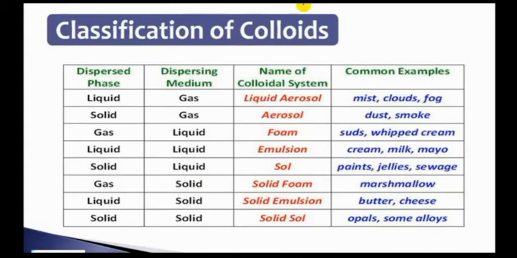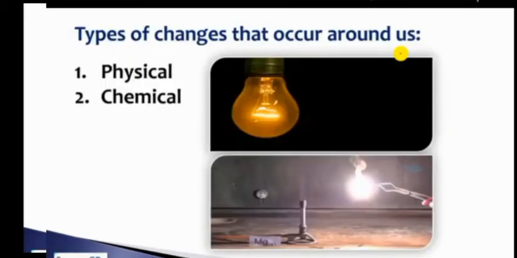In mist, clouds and fog, the dispersed phase is liquid and the dispersion medium is gas. Means liquids dispersed in gas is called clouds, and the name of the colloidal system is liquid aerosol, and so on.